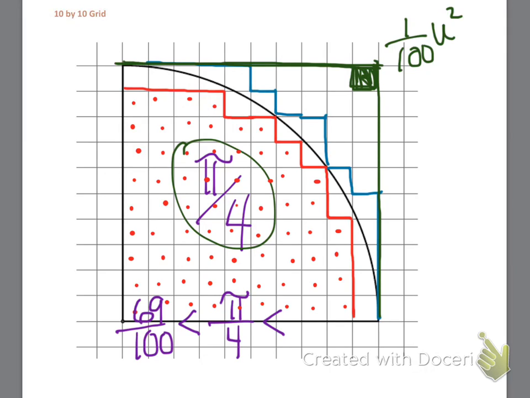And if I now add in, let's do this in blue, I'm starting with 69, 70, 71, 72, 73, 74, 75, 76, 77, 78, 79, 80, 81, 82, 83, 84, 85, 86. So the red plus the blue is 86. So I know that my area is less than 86 hundredths, and these are all units squared.